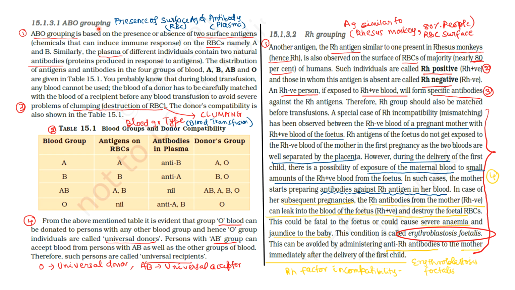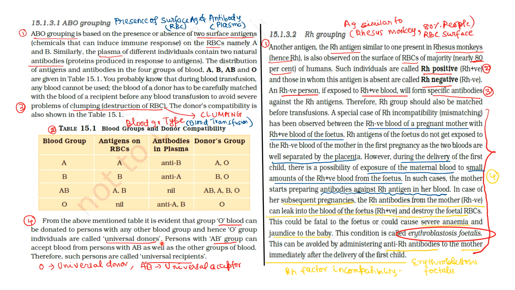So this is the screenshot of the NCERT textbook, and we will be specifically focusing on ABO grouping and RH grouping. Under that, we will be touching upon what is ABO blood group, what are the factors which contribute to the blood grouping type, and what should be the donor's blood group, that is blood group and donor compatibility.